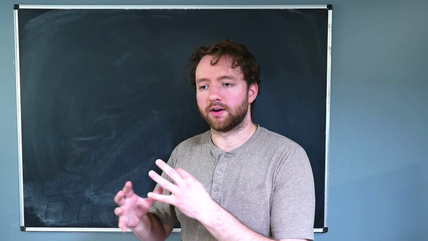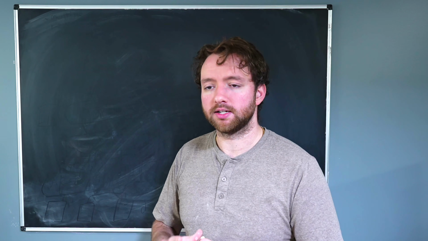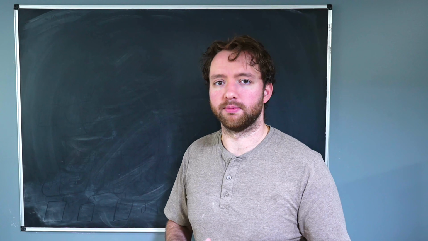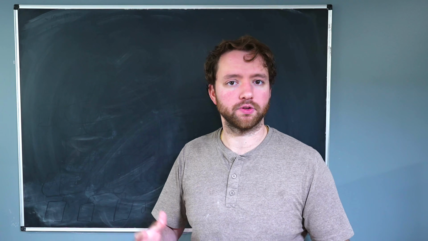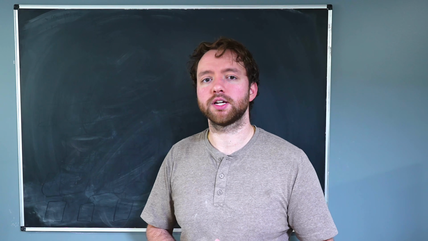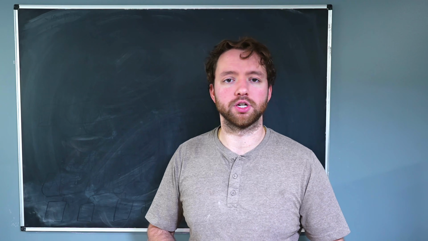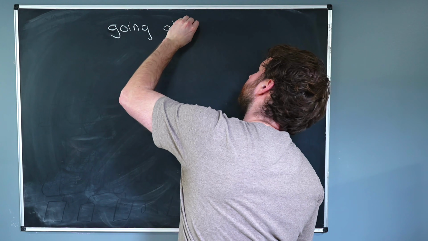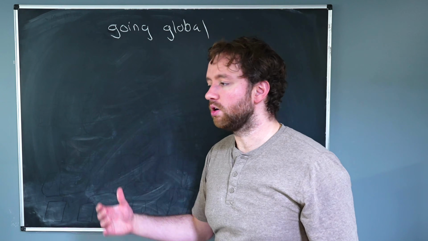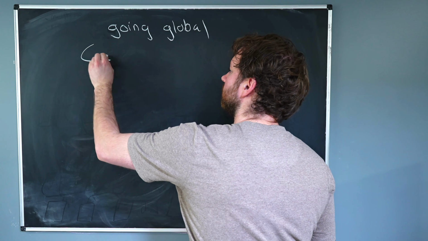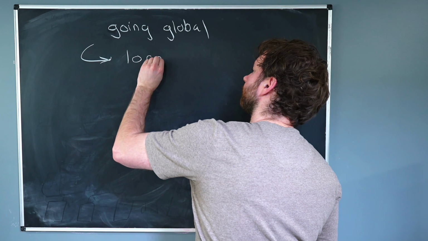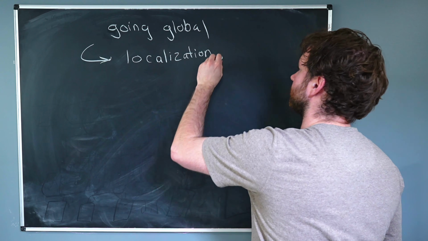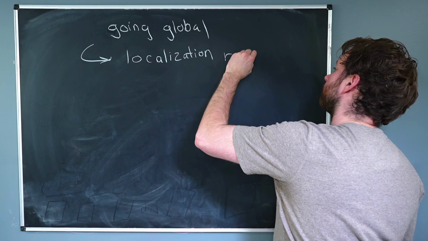Now the regions are often grouped by continent, but some of the concerns I want to talk about are going to be at a country level potentially. So specifically, this has to do with user information, privacy, and different rules for different countries. So if we want to take an app global, we have to worry about local concerns. So whatever the localization requirements might be.